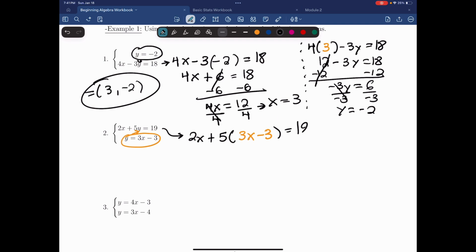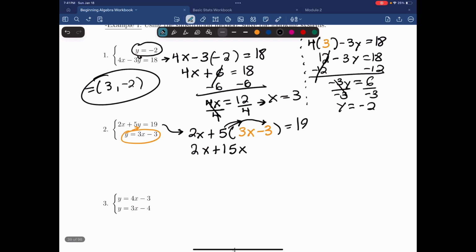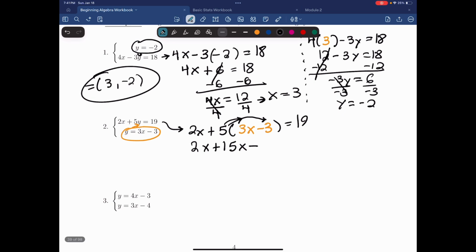And now, to start solving for x, I'm going to distribute in this 5. So we're going to get 2x plus 5 times 3 is 15. And then we're going to carry along that x. And then we're going to subtract 5 times 3, which is 15. And set that equal to 19.